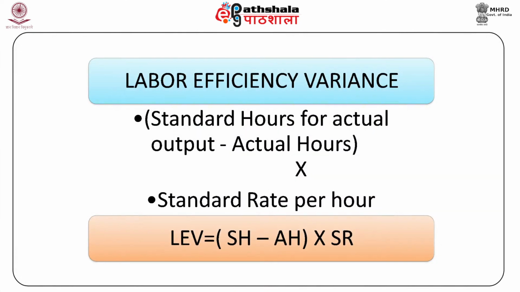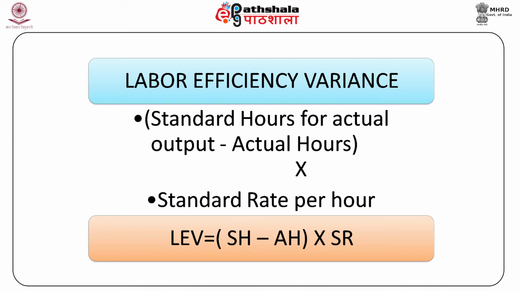Labor efficiency variance according to the formula will be equal to standard hours for actual output minus actual hours into standard rate per hour.